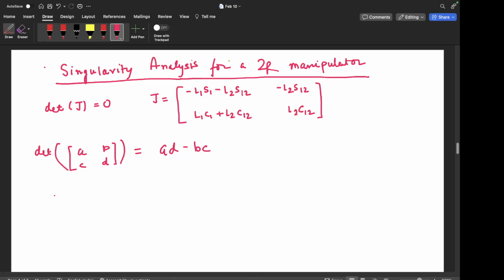Okay, so the determinant of J is, let's multiply.